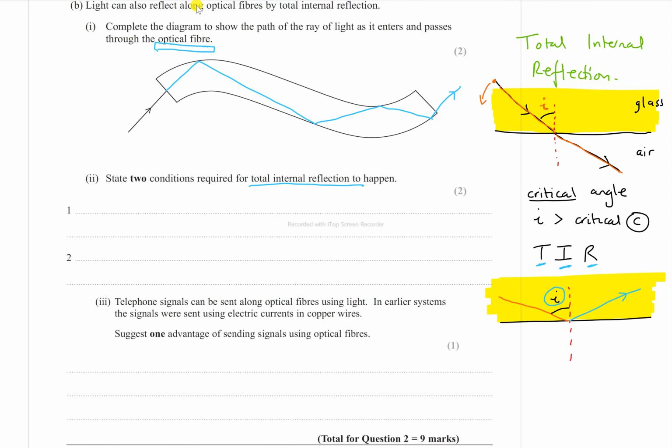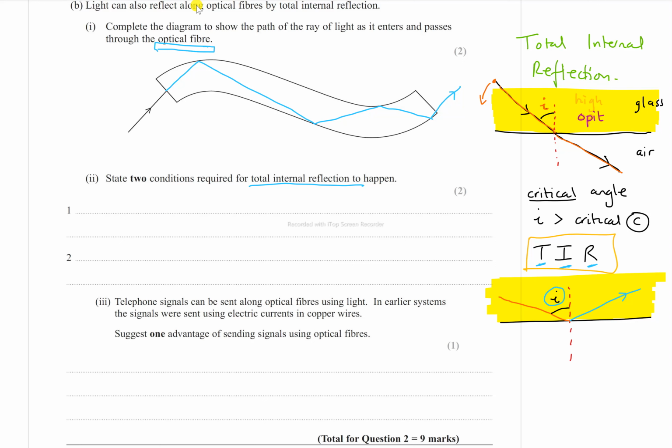Total internal reflection only occurs when you go from something with a high optical density, or optically dense, I can't spell optical now, I think my students are getting to me.